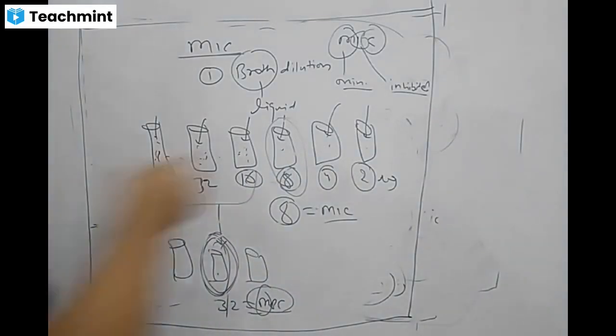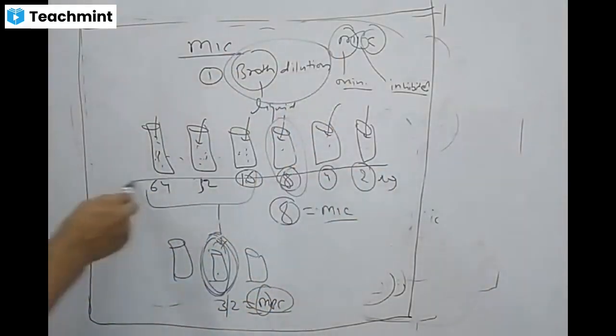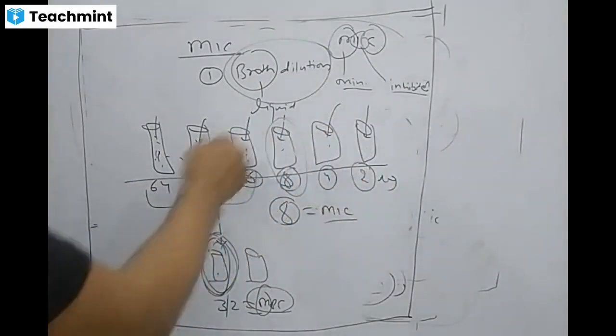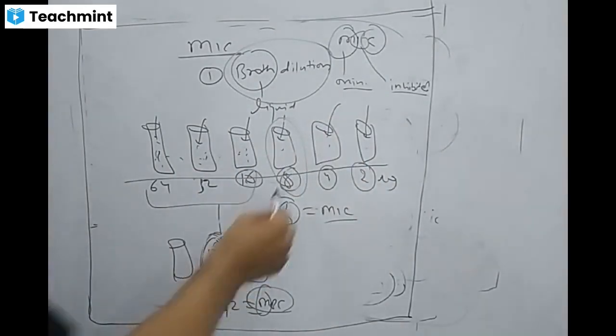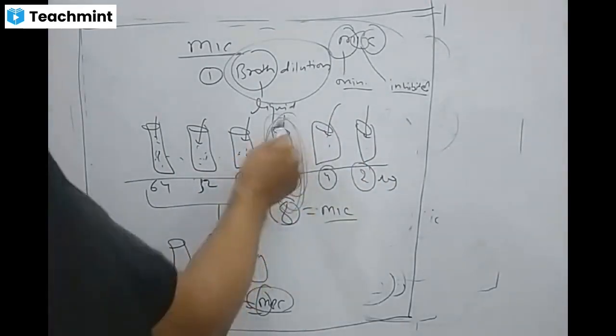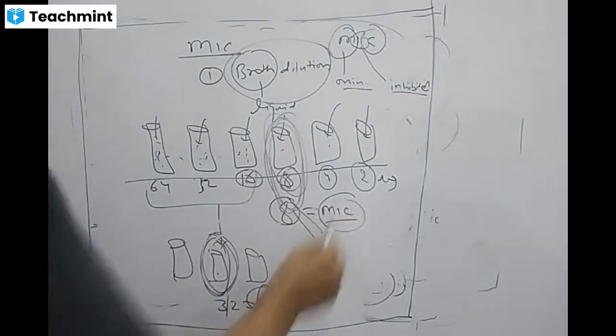So these are parameters obtained from the broth dilution. The liquid broth is diluted, drug is added, and the bacterial sample is also added. If you find the lowest concentration where growth is inhibited, we call it MIC.